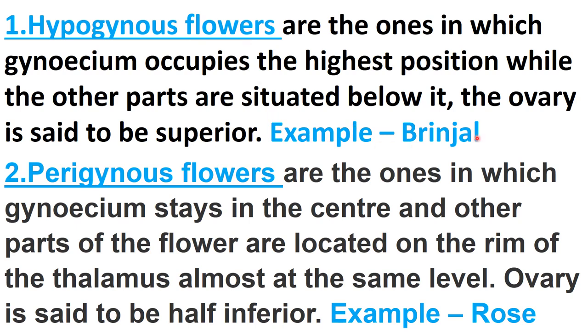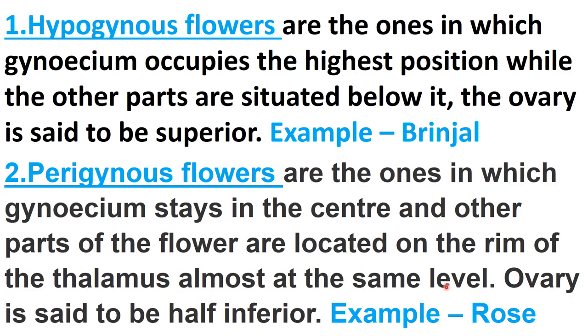brinjal. Then the second type of flowers are perigynous flowers, and these are the flowers in which gynoecium stays in the center and other parts of the flowers are located on the rim of thalamus, okay. So what is happening here? Gynoecium is present in the center and other parts like anther, sepals and petals, these are located on the rim of thalamus, on both sides of the thalamus, okay, almost at the same level.